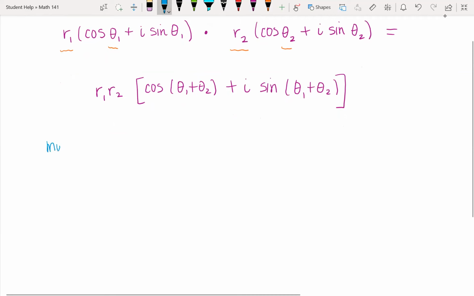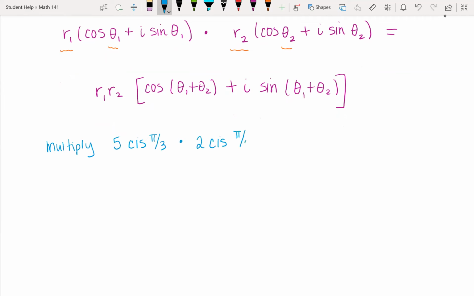Let's multiply 5 cis pi over 3, using the shorthand notation, multiplied by 2 cis pi over 4. So using the formula that I had above, I'm going to take the 5 and the 2, and they get multiplied together. And then I take the two angles, pi over 3, and I add to pi over 4.